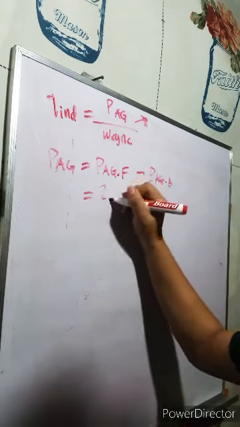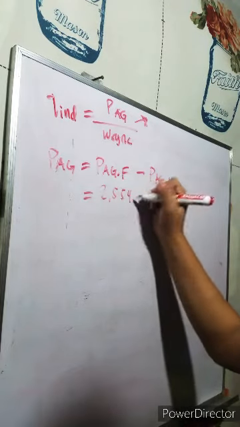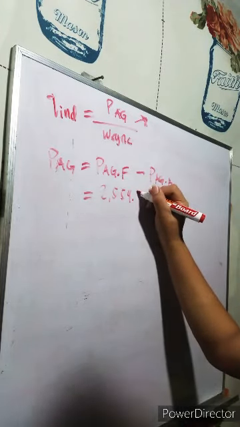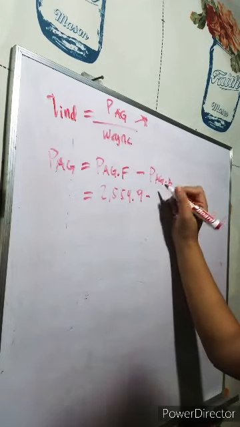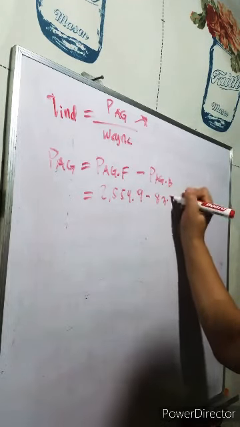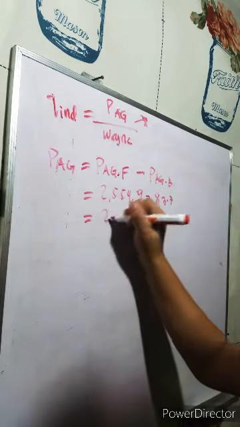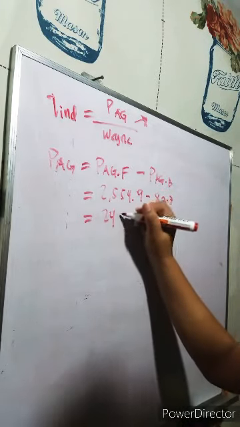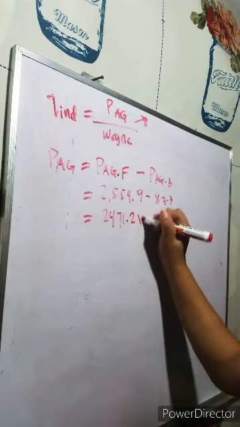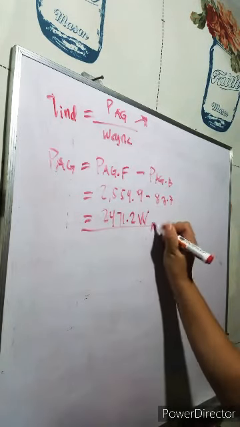Then 2504.9 minus 83.7 is equal to 2471.2 watts.